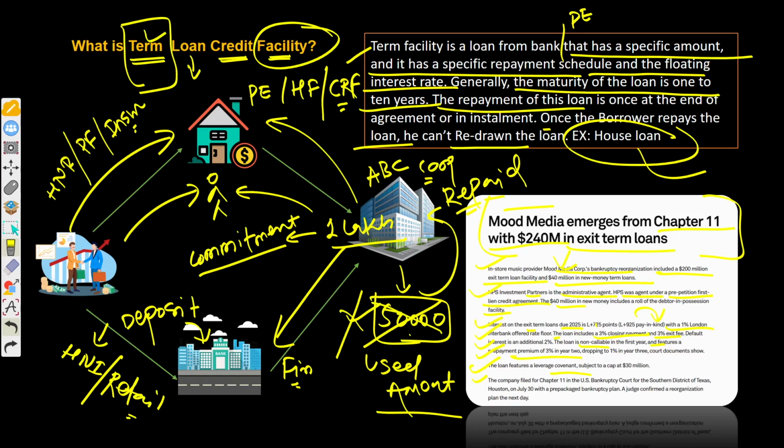From an interview perspective, you may expect questions like: what is a covenant, what is a loan, what is a term loan facility, how it works, how we calculate the different fees. Now, if you ask me, sir, what about the companies who are offering facilities, term loans and all?